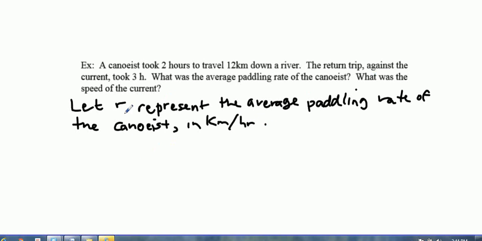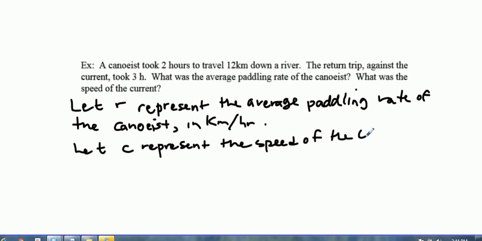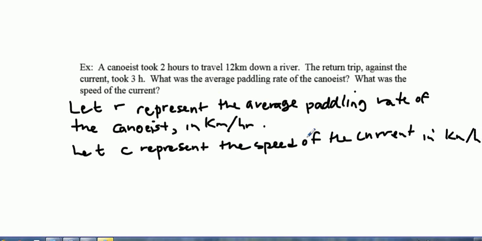The other thing we need to find out is we do need to know the speed of the current. So we're going to say let C represent the speed of the current, and again we're going to use the same units in kilometers per hour, and we're always going to talk about downstream, so it'll be a positive speed.